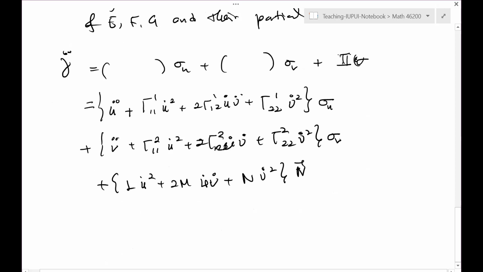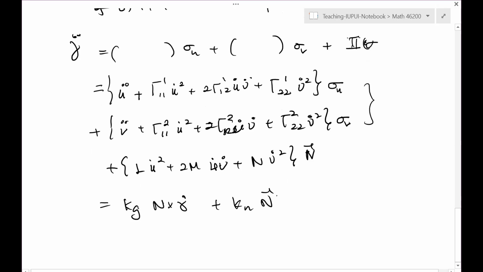So after plugging, now it's clear that the first part actually gives you the geodesic curvature. Okay, this is actually the normal curvature. So this is going to be kg, right, and n cos gamma, and kn n. So this is the normal curvature.